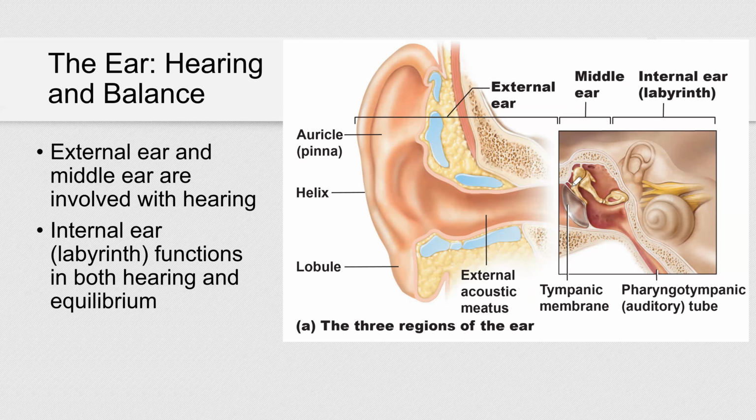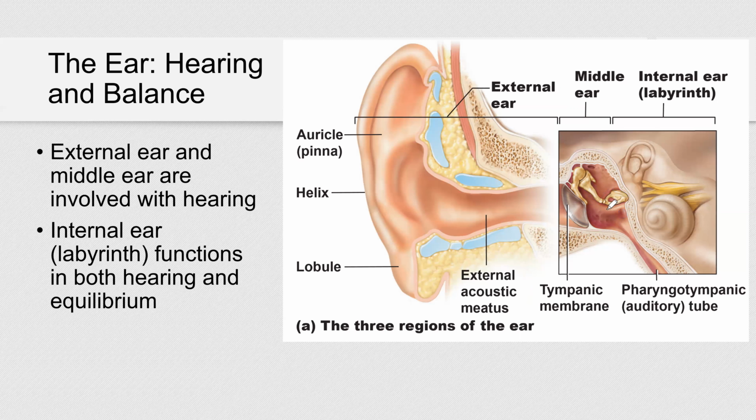The middle ear includes the tympanic membrane, which is kind of a separation between the external and middle ear. Then the tympanic cavity, three little bones inside, and two windows, the oval window and the round window.